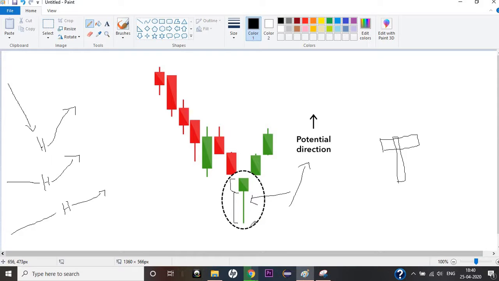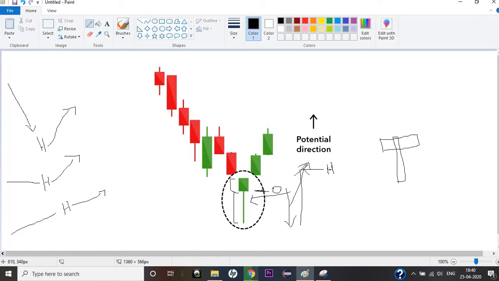So in this case, let's understand what actually happens, right? This was my opening price, and what happened is the sellers tried to push it downward, right? However, the buyers came in, the buyers tried to push it high, taking it to a high, and they tried to keep the price there itself.